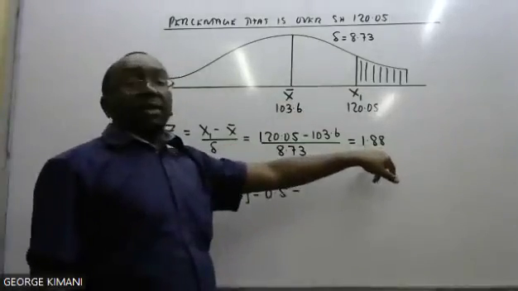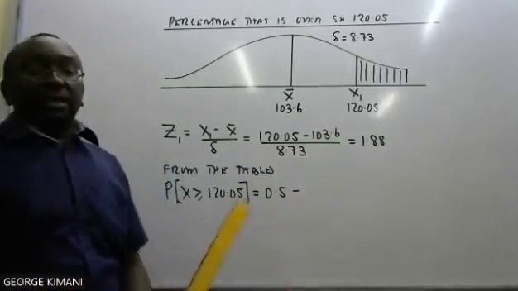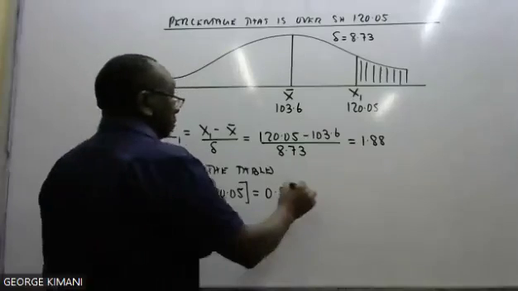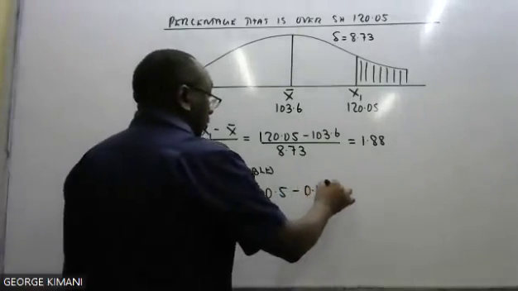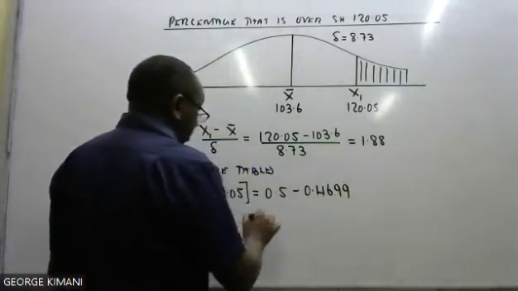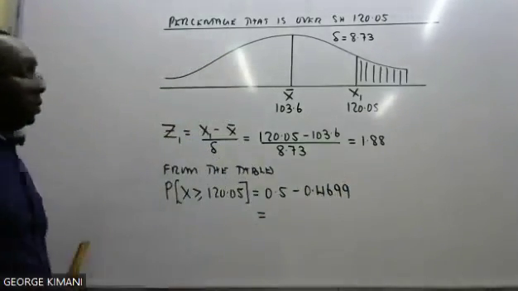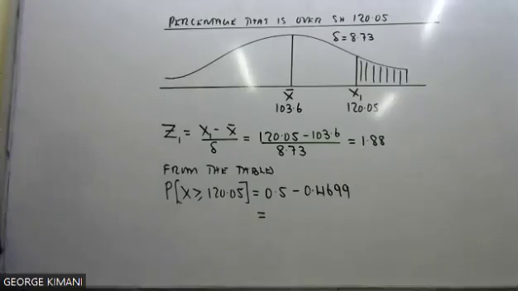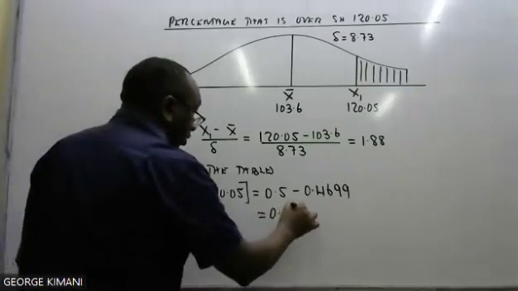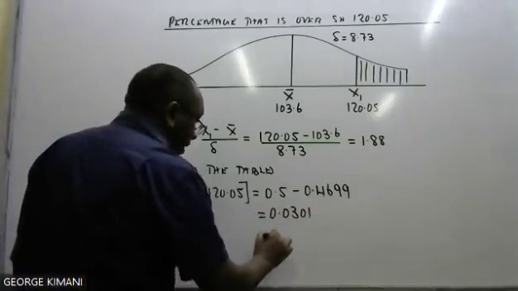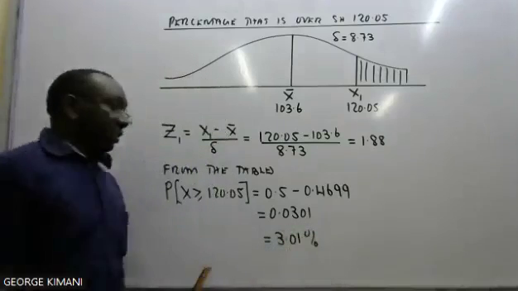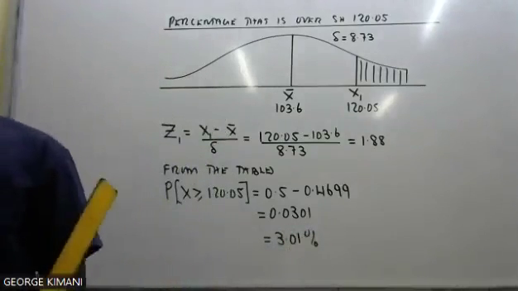So nisomee kwa table 1.88 inatupea nini? 0.4699. 0.5 minus that is 0.0301. So ukimultiply na 100, it is 3.01%.